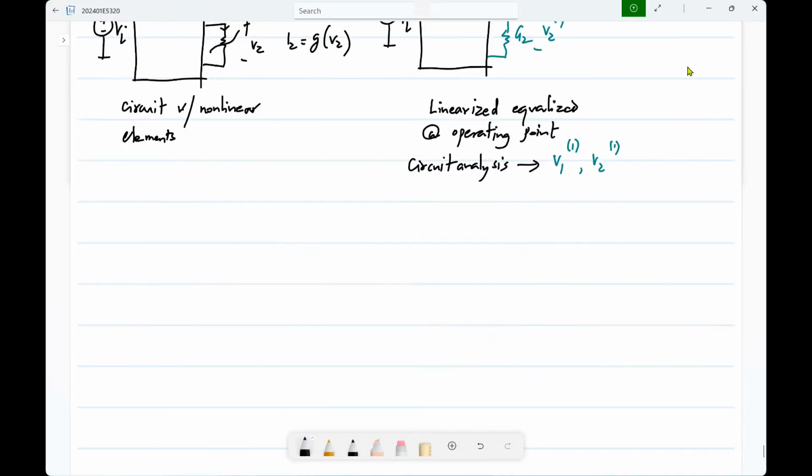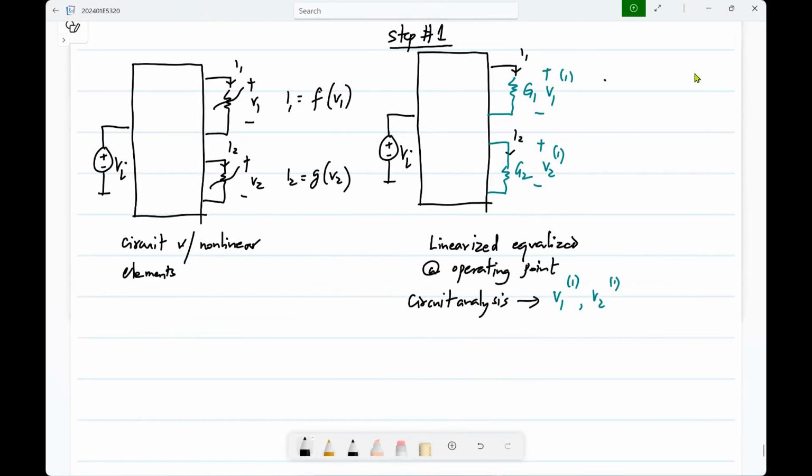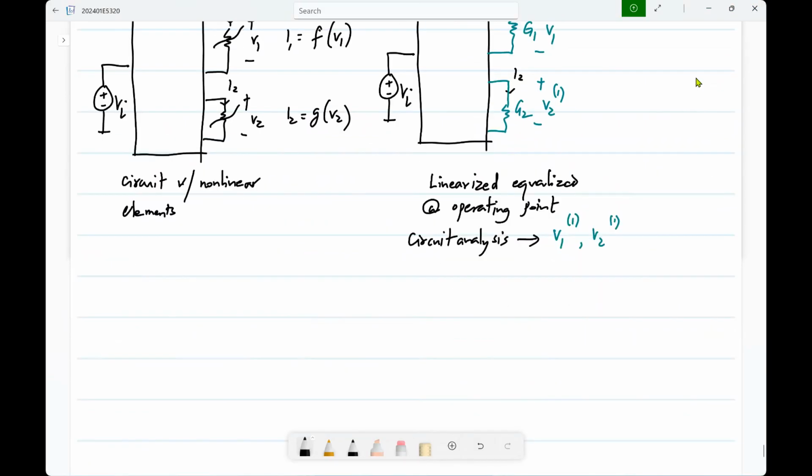And in the next step, you calculate the nonlinear effects because of these first order outputs. Okay.